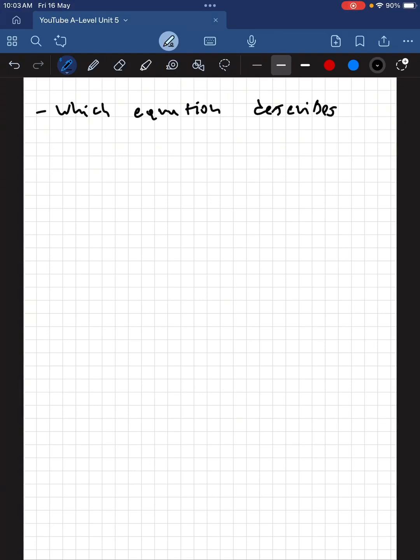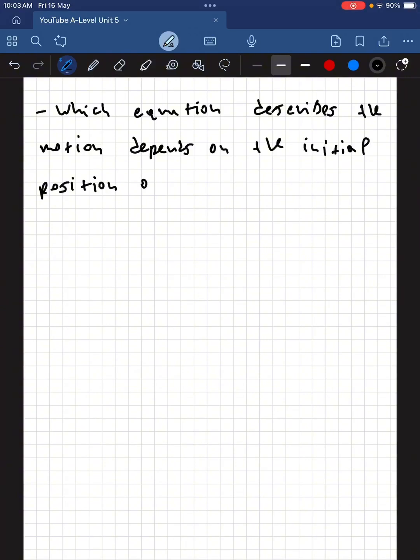Do we use minus cos omega t, etc.? So which equation describes the motion depends on the initial position of the oscillator at t equal to 0.